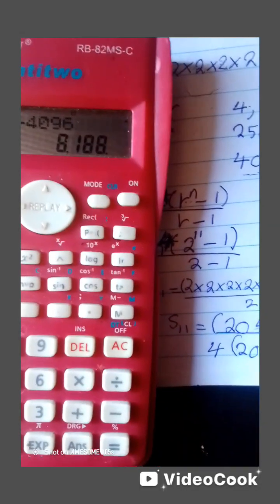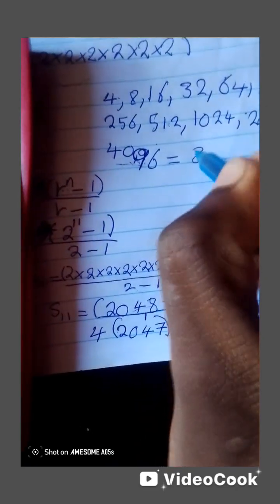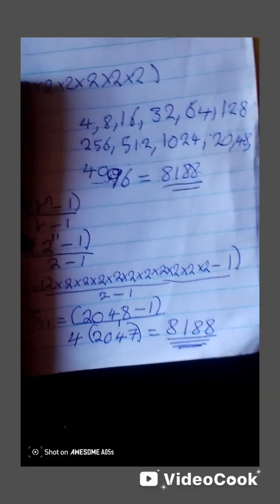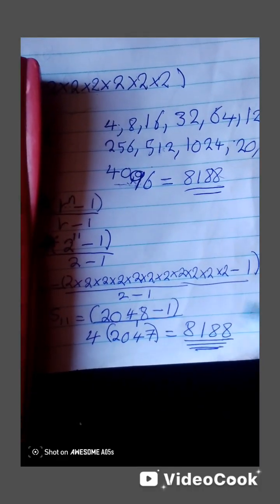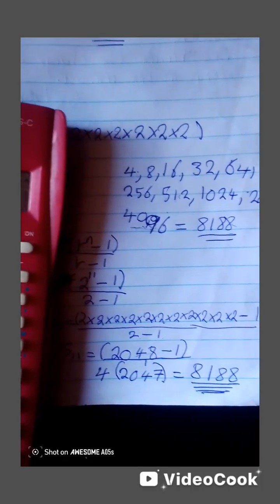So when you add this, you are getting 8188. Then your answer is correct. So you can prove this to be comfortable with your solution.